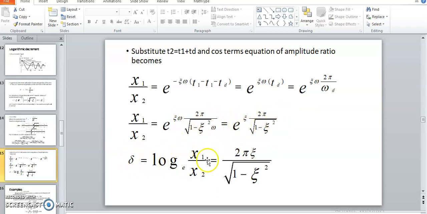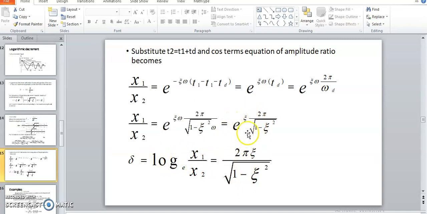Now delta is equal to the log of this ratio x1 by x2. So delta is equal to log of e raised to 2 pi zeta over square root of 1 minus zeta square. Here I forgot to write the log.